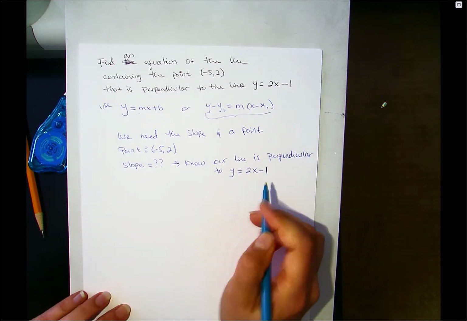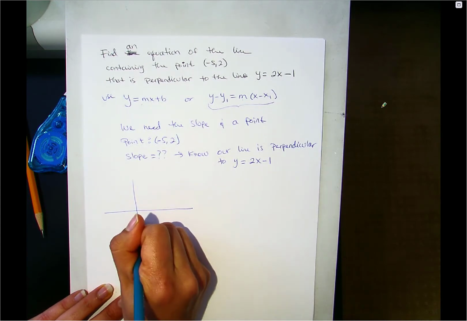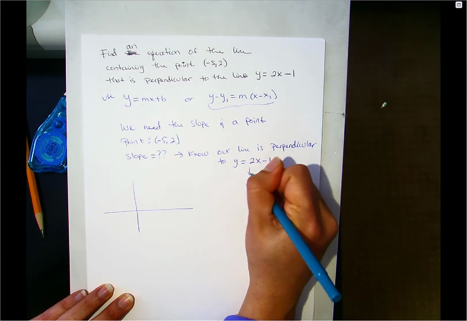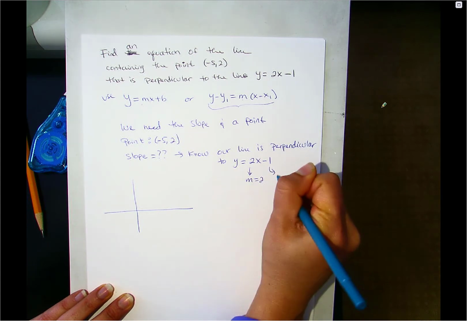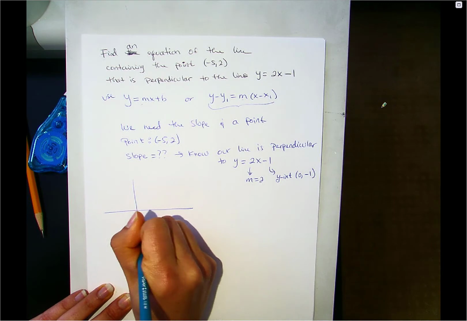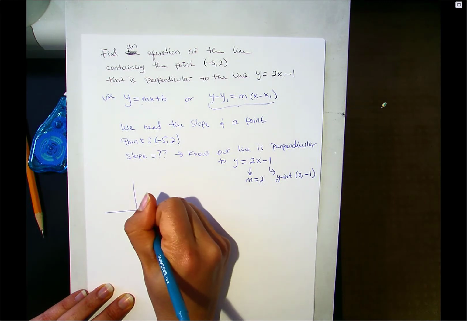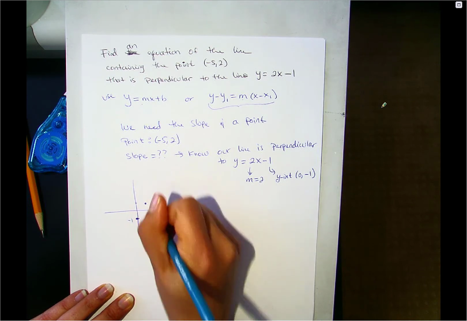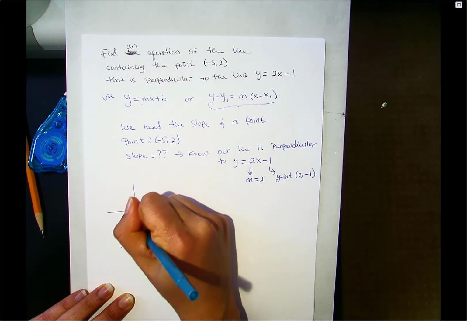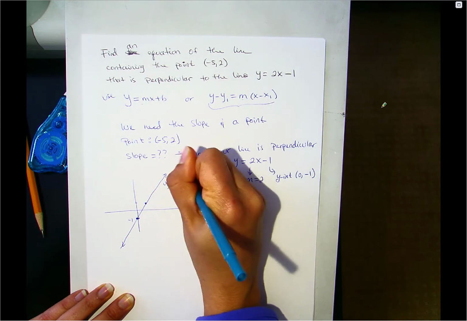So let's look at what 2x minus 1 looks like. It has slope 2 and y-intercept (0, -1). So I'm going to go to -1. The slope is 2, so I'm going to go up 2 and over to the right 1. And this is y equals 2x minus 1.